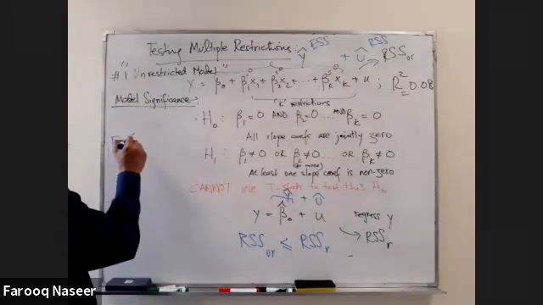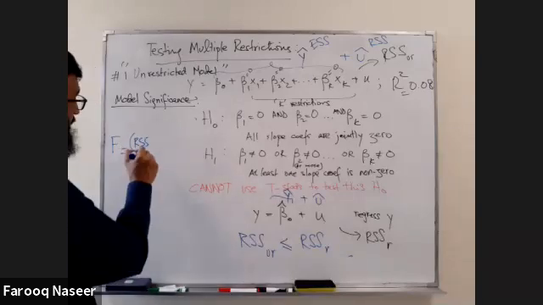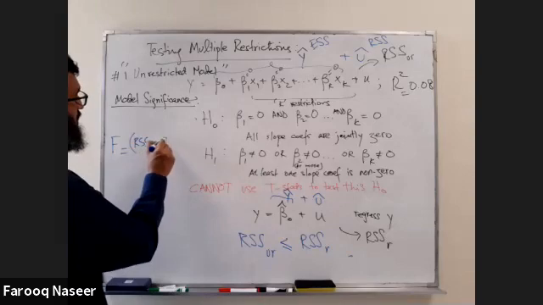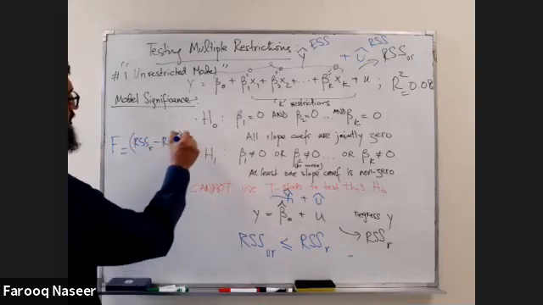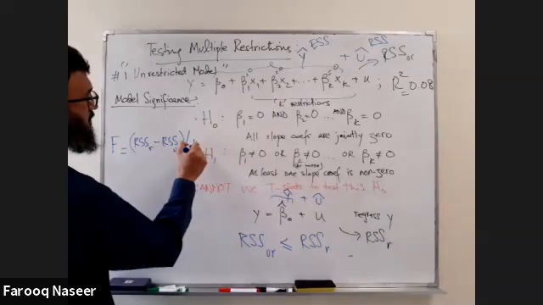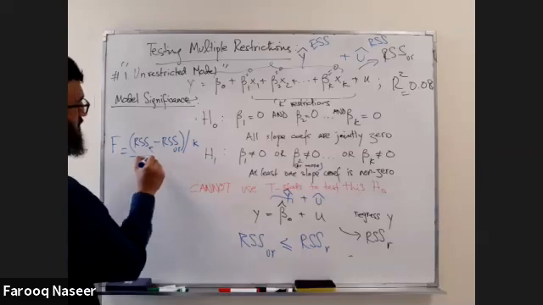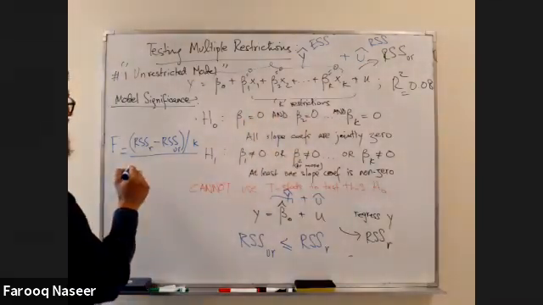In the numerator, we have the RSS of the restricted model minus the RSS of the unrestricted model, divided by the number of restrictions under the null hypothesis, which are k. So the total number of restrictions imposed.